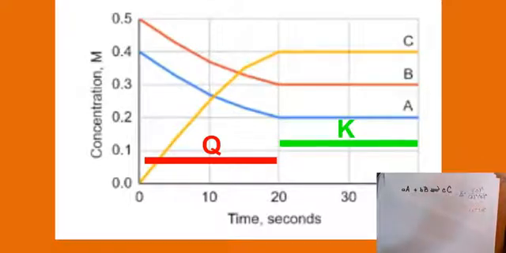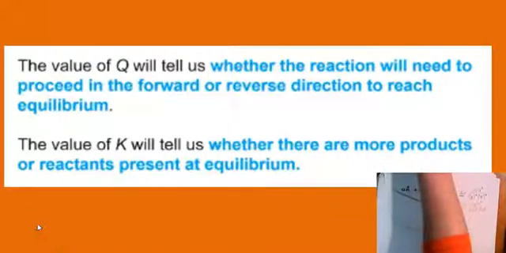So inputting the concentrations beginning at a time of 20 seconds would yield K. But prior to that, anywhere there, it would be Q.